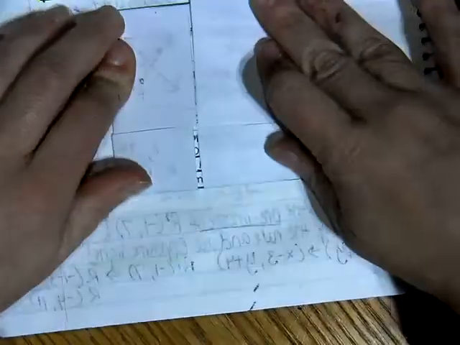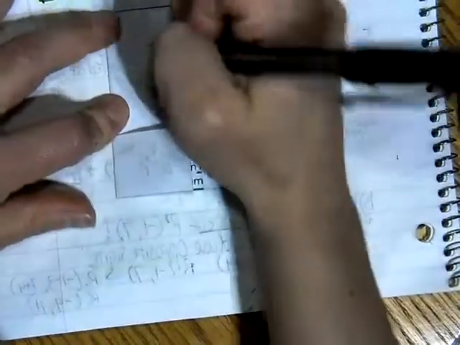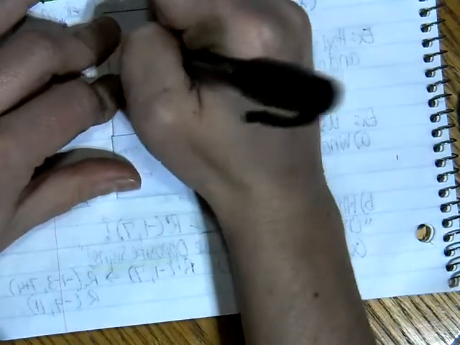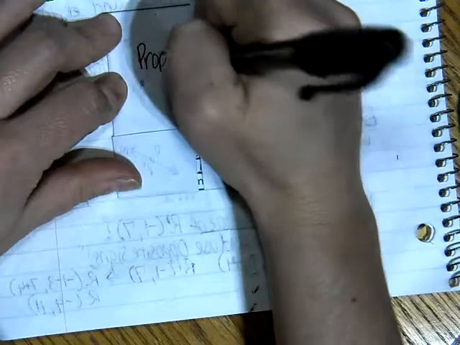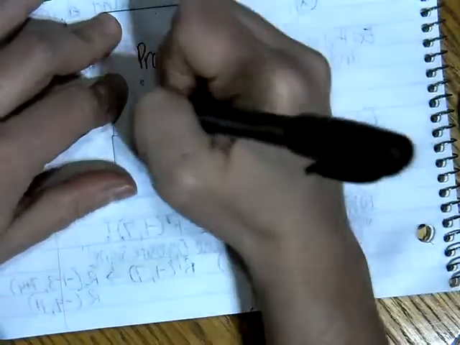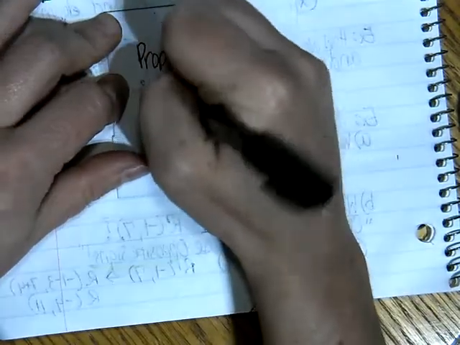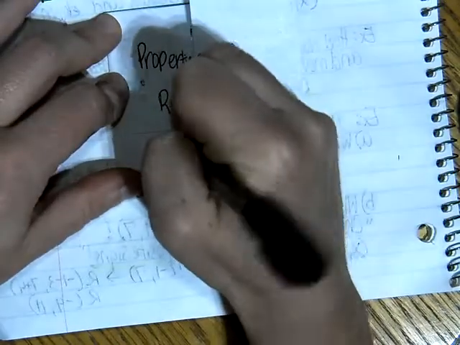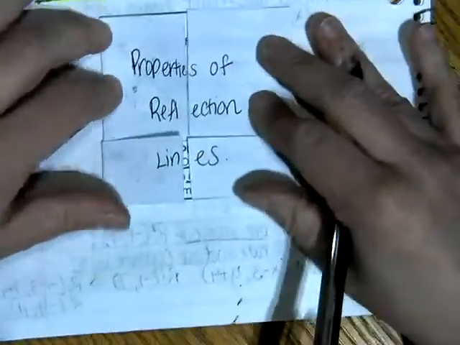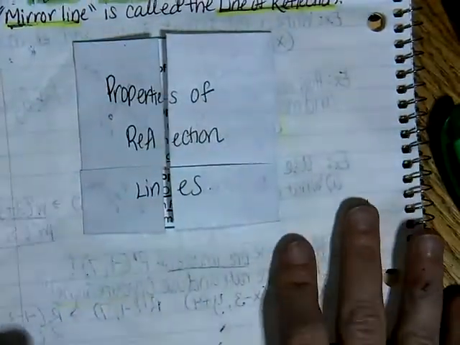We're going to call these the properties of reflection lines. So all of this is the properties of reflection lines. I have to go to the next page.